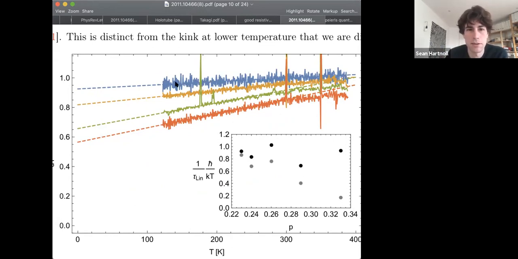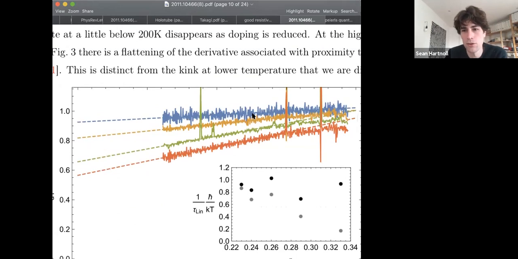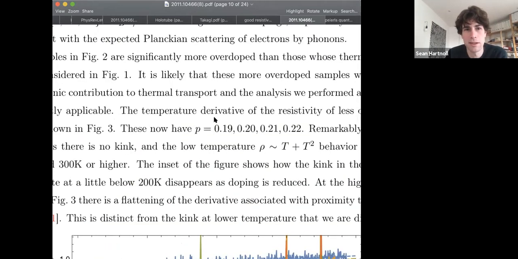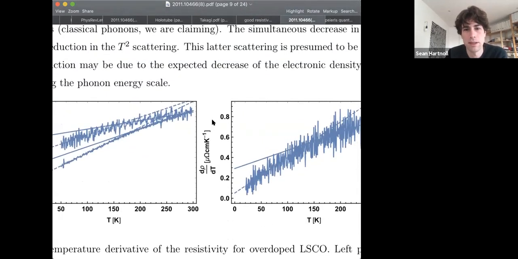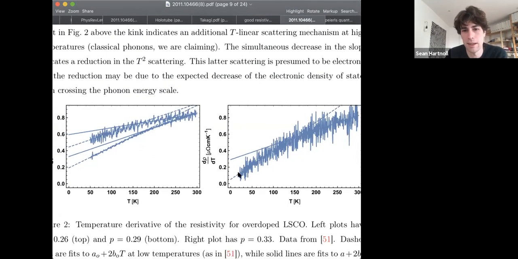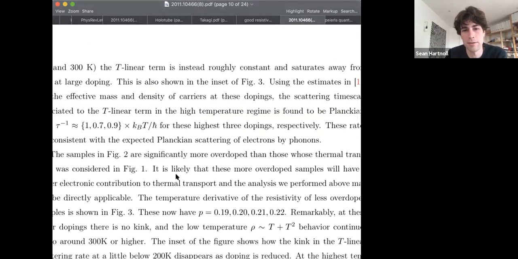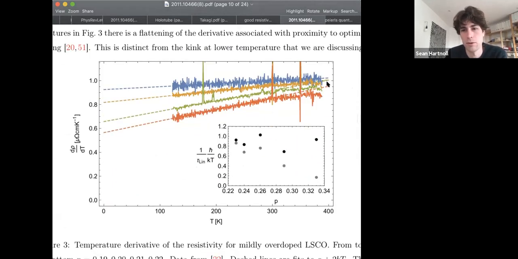But by the time you get, this is literally optimally doped, or 0.19, I think, and there's just no feature. So there is something that goes away. It's definitely true that there's a clear feature here, and it's definitely not there once you get to optimal doping.